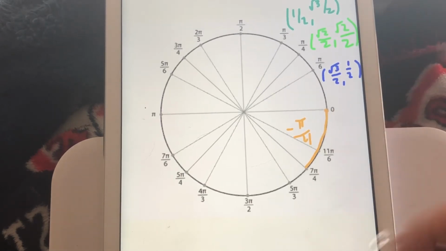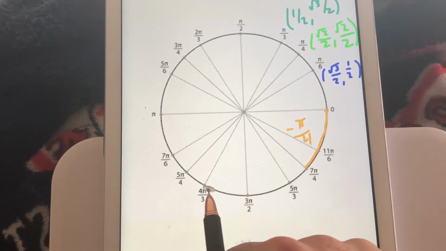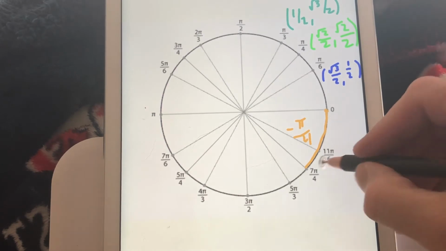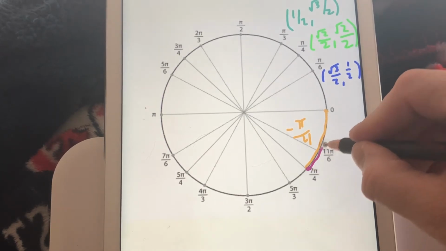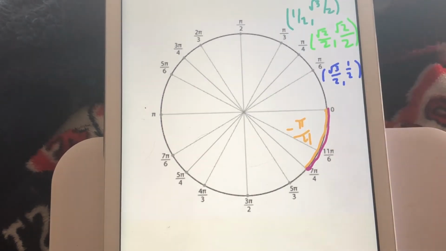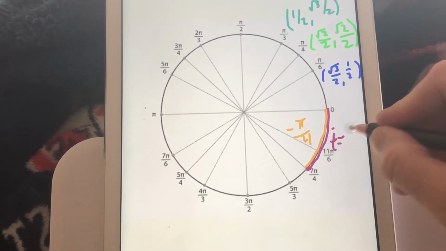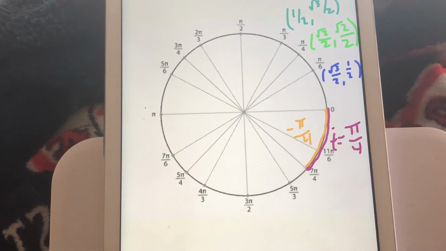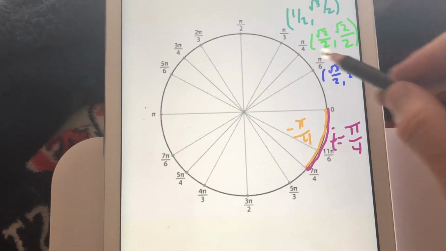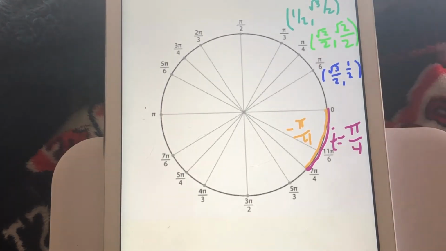All right. Well, remember, our reference number is the distance from that point back to the x-axis, okay? And it's going to be positive. So t bar here is going to be pi over 4. All right, which leads me to this ordered pair, radical 2 over 2, radical 2 over 2.